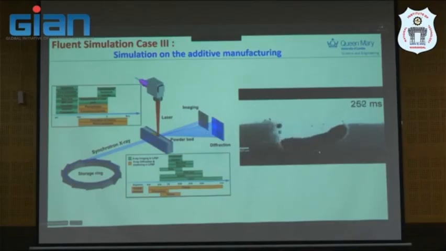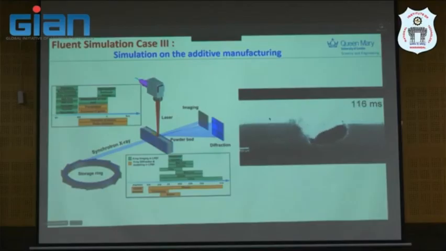In this result, we can find that due to the laser shock, some particles are flown away, and some particles are remelted and become melted liquid, and the melt pool is forming gradually.